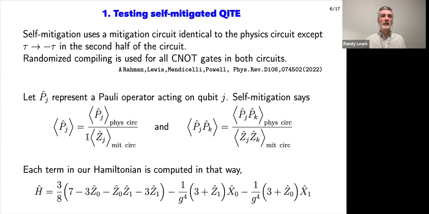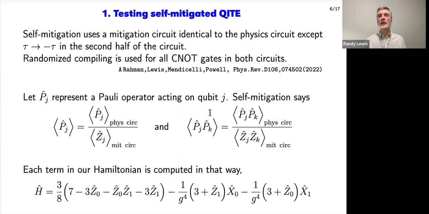But the end result is that if you wanted to calculate a single Pauli expectation value, because, say, that's one of the terms in your Hamiltonian, you would measure that directly in the physics circuit, but then you would also run the mitigation circuit with a single Pauli. And this ratio is what would be the mitigated result.